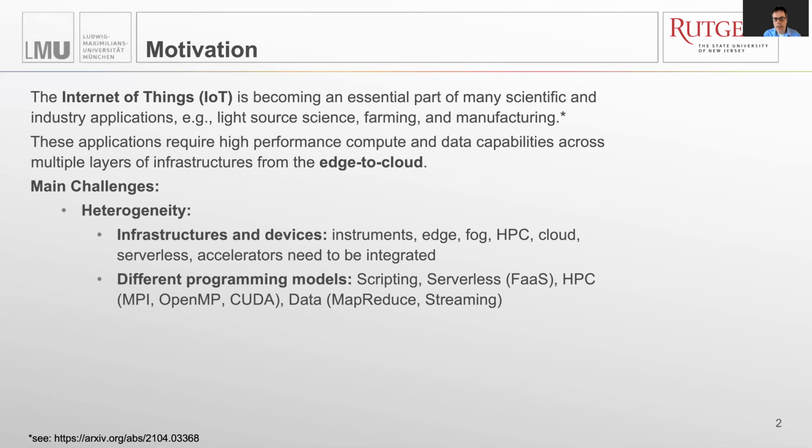The further you get to the edge, the more diverse your environments, your sensors, your compute environment is going to get. At the same time, on the cloud side, you have to combine different programming models and paradigms, for example, MPI for simulation, Spark for data processing, and maybe some more advanced deep learning frameworks.